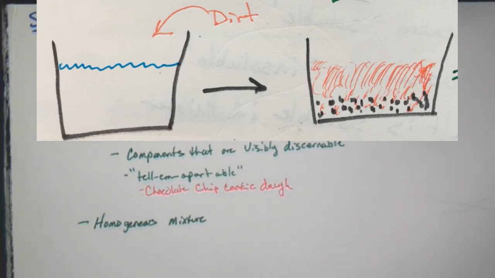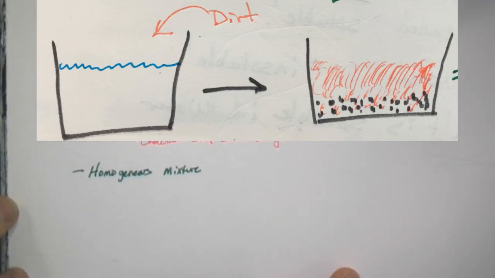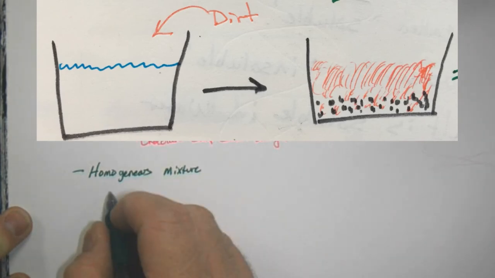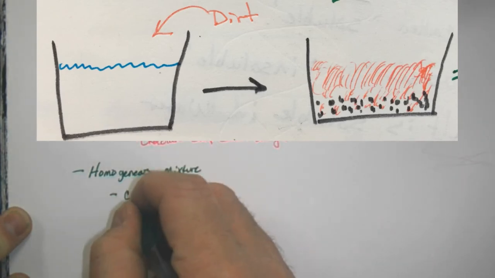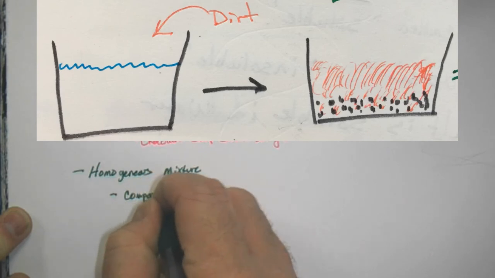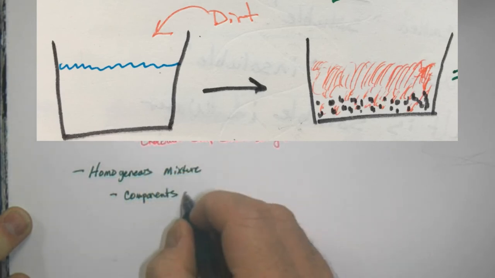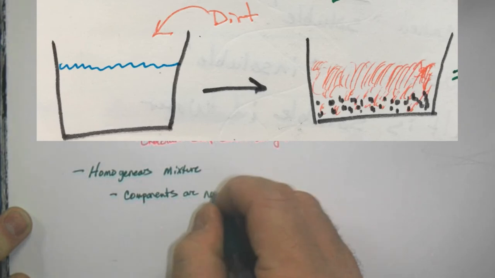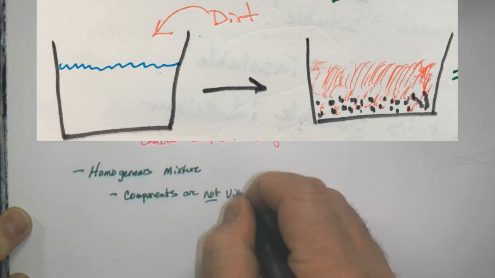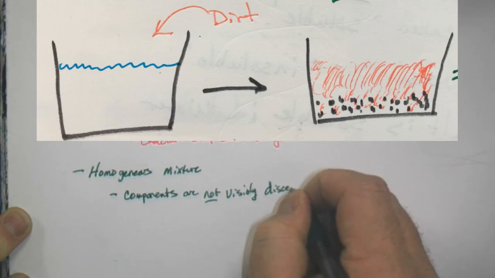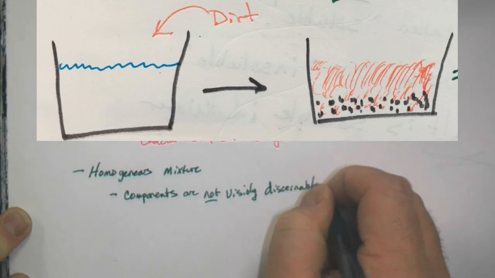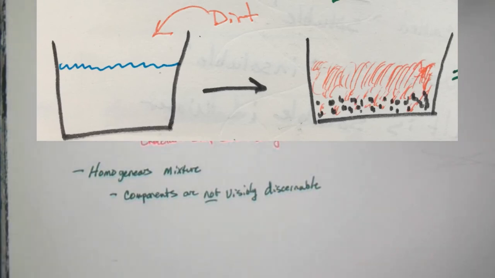Okay, and a homogeneous mixture is where the components are not visibly discernible. Okay, you can't tell them apart.